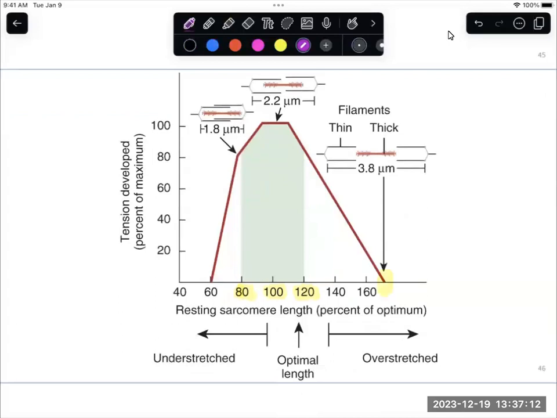This is where you can kind of see those thick and thin filaments aren't in contact with each other. There's no place for them to come in contact with each other, I should say. So at this point, we can't generate a contraction at all. At 60% of our optimal length is where we can no longer generate a contraction either, because we're getting to the point where those myosin heads are butting up against those Z discs. So there's no place for that muscle to go.